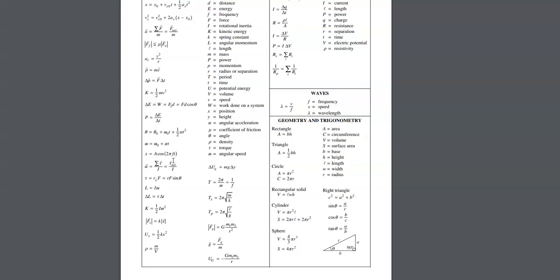Now, keep in mind that since it has frequency here, you could replace frequency with 1 over T. So then this equation would be 2 pi times little t, which is again the time at which this observation of position is occurring, divided by the big T, which is the period. So this equation has two different forms, and one has the f in it. The other one has this term inside of the parentheses divided by period.